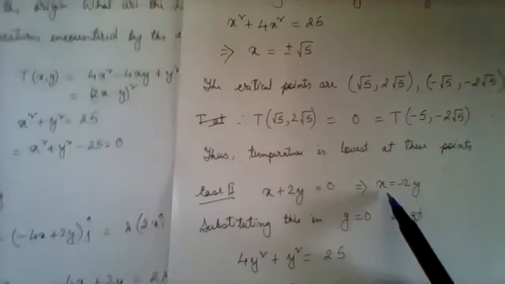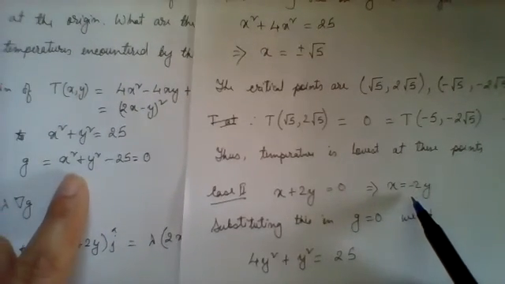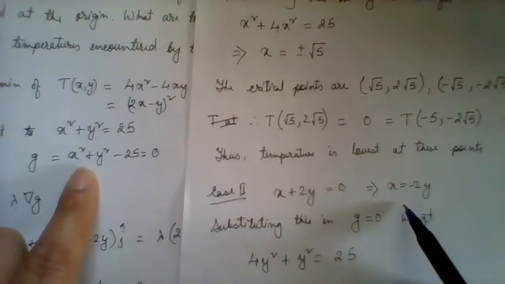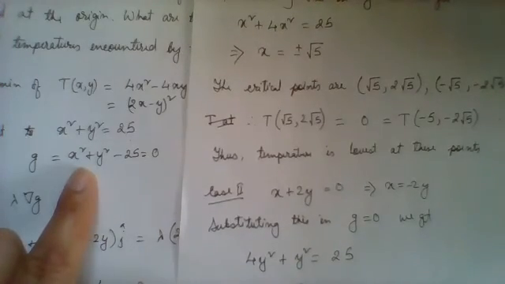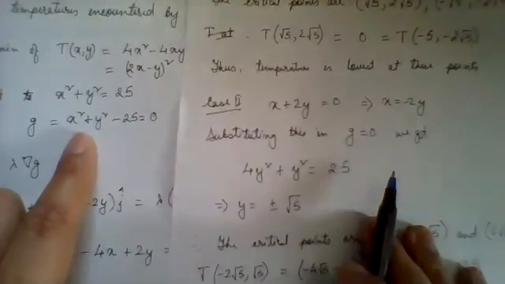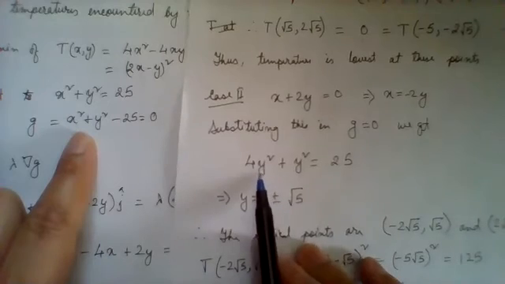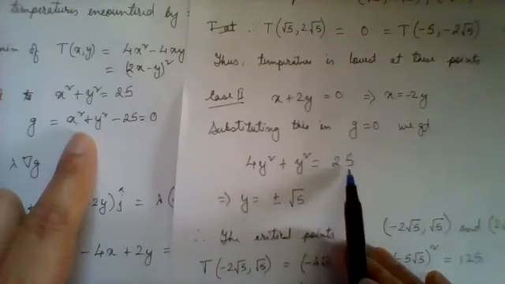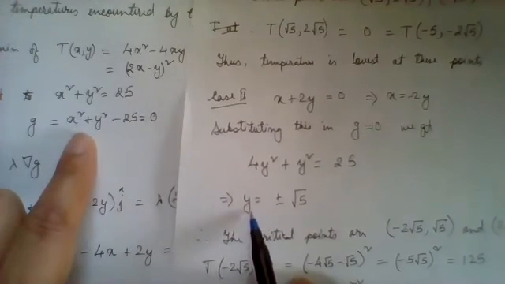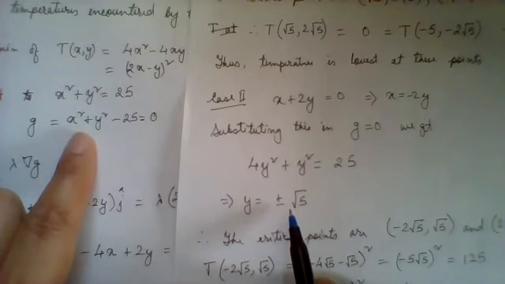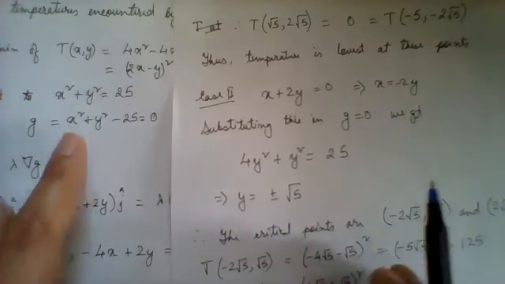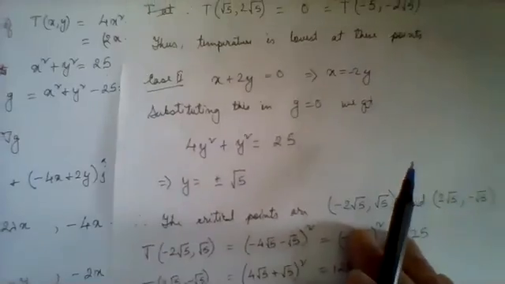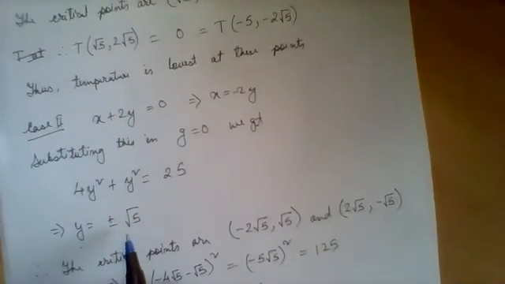So substituting x equal to minus 2y in the constraint equation, we get 4y squared plus y squared equal to 25, so y equal to plus minus root 5.